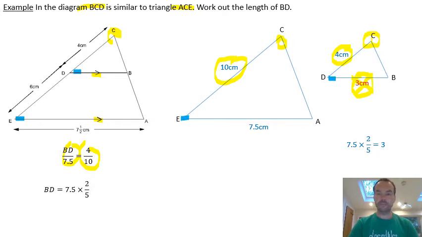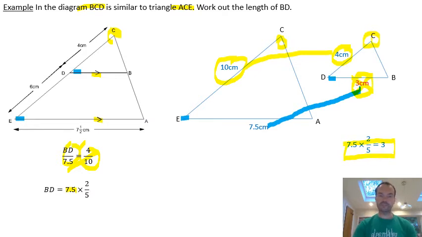BD and 7.5 go together in the same way that 4 and 10 go together. If you bring the 7.5 up to multiply by it, you get this sum here, which gives us that BD is 3.